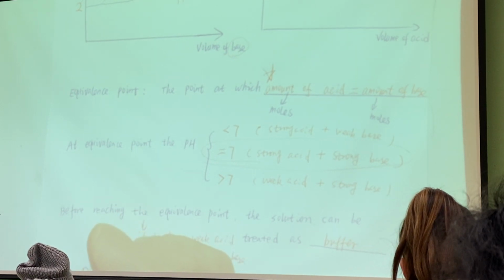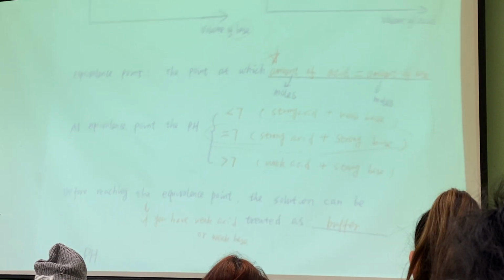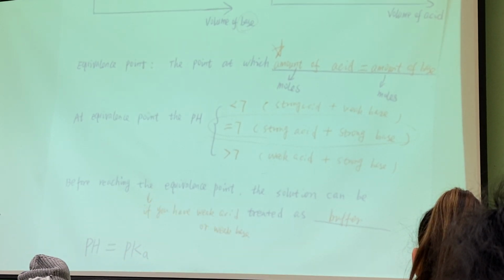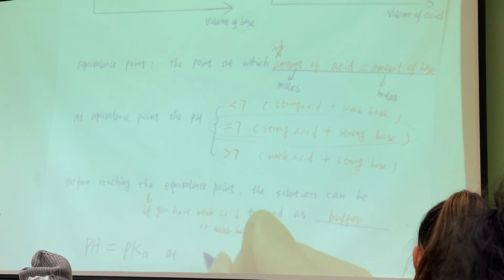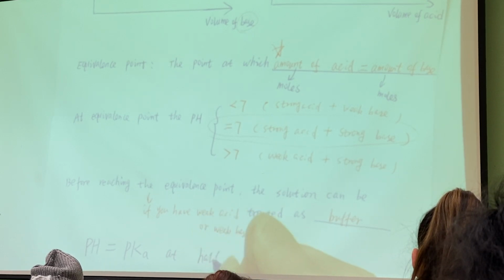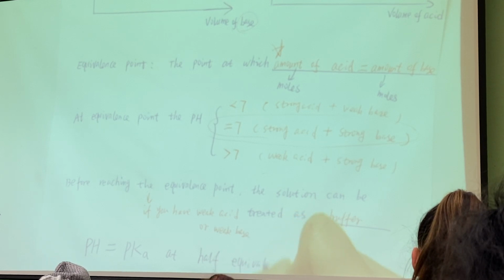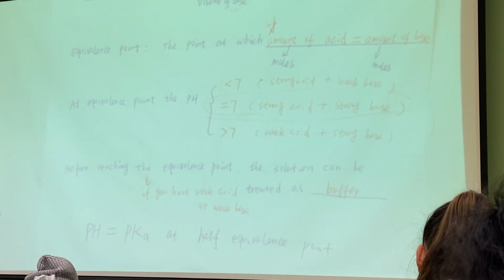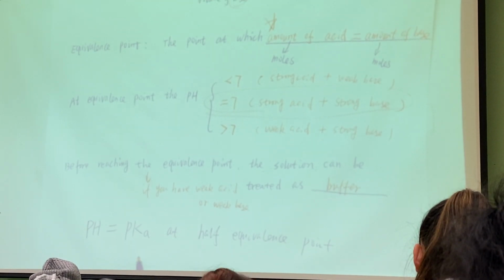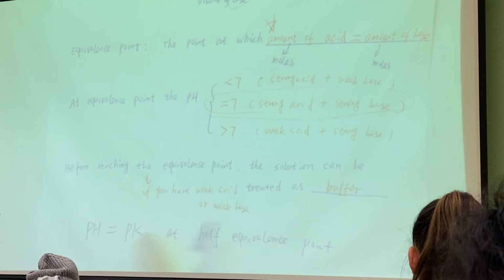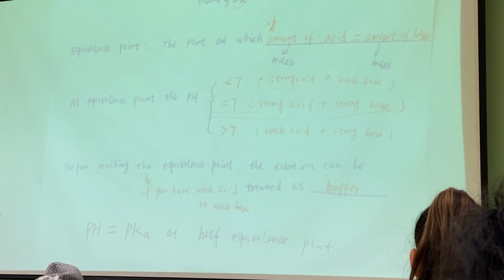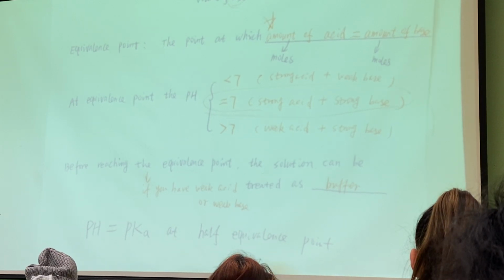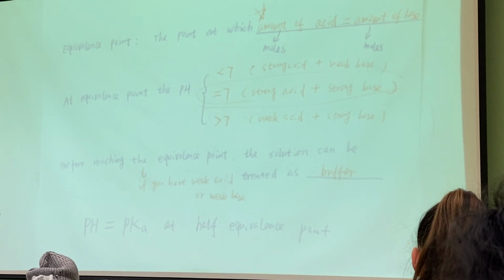Let me give you the conclusion, and then we will give an example to explain why. pH equals pKa at half equivalence point. Since you have pKa, that means you have something weak. Only for a weak acid or base do we talk about pKa. So at half equivalence point, pH equals pKa.